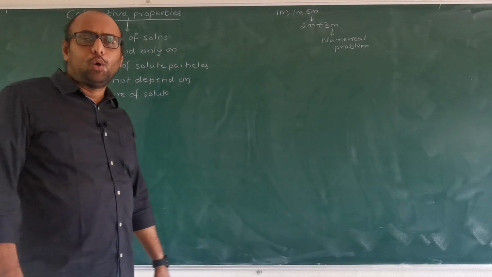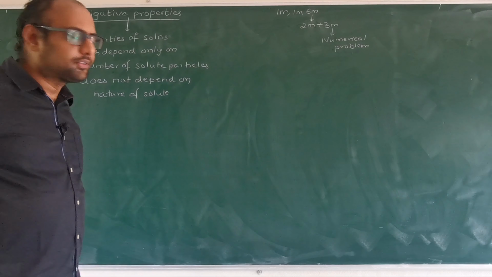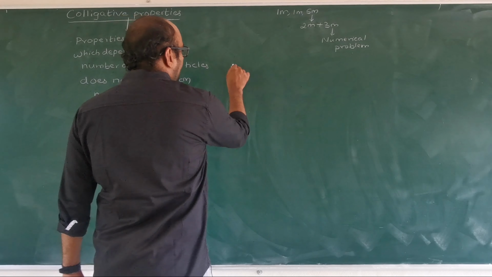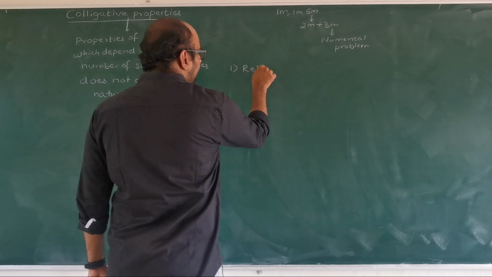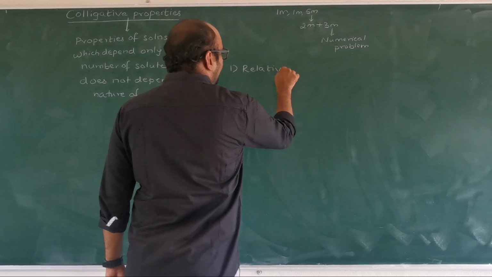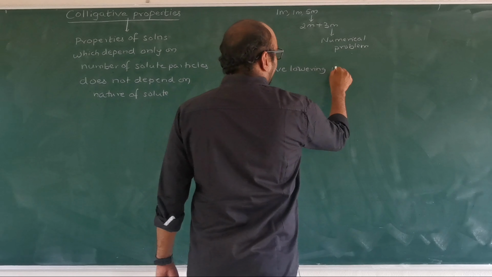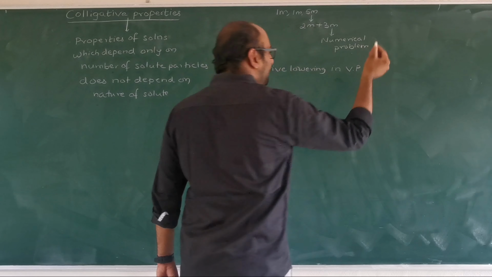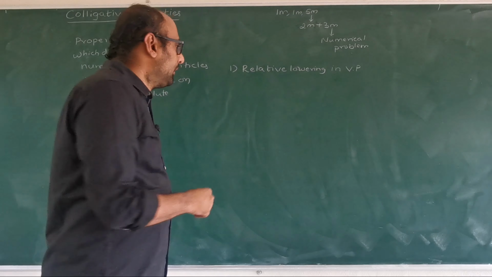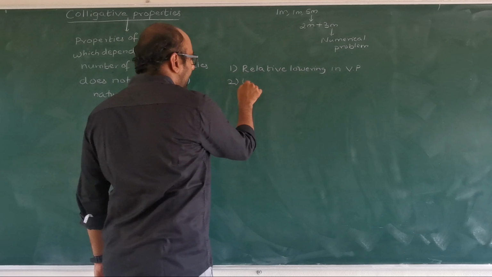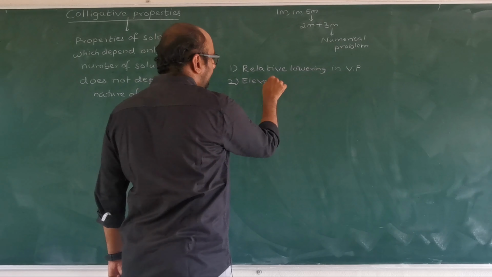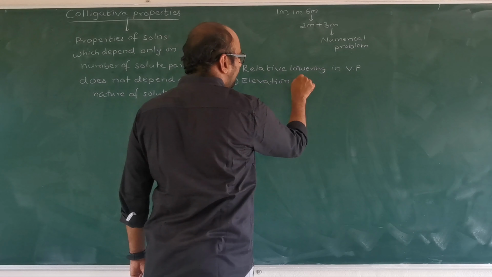There are mainly 4 colligative properties for your syllabus. The first one, you have briefly studied this already. It is relative lowering in vapor pressure. Second one, elevation in boiling point, increase in boiling point.